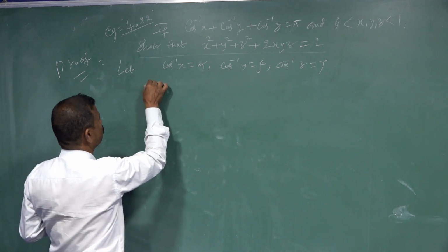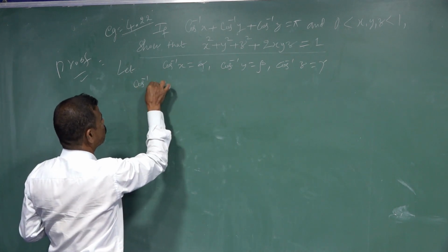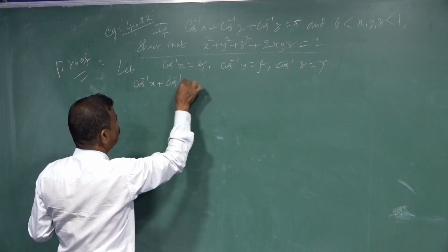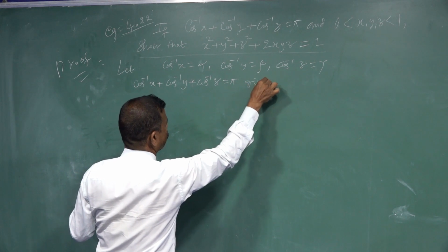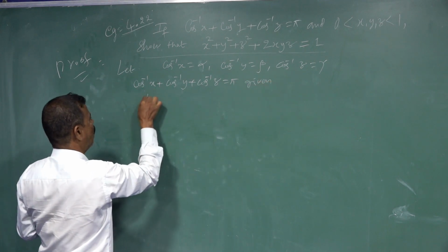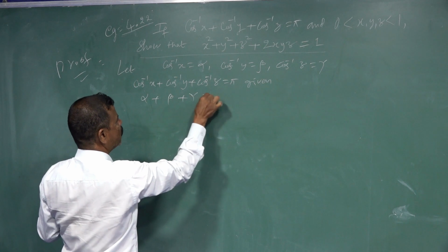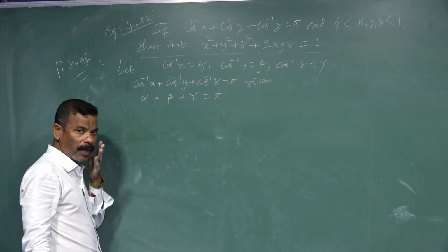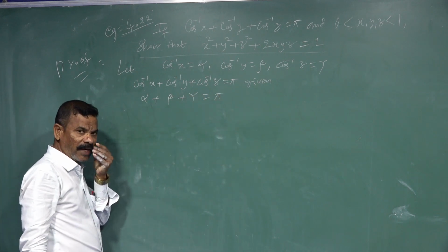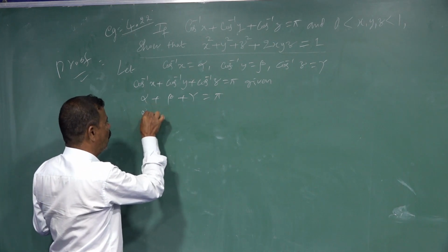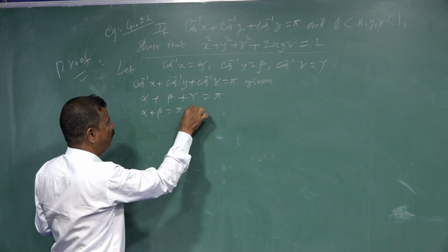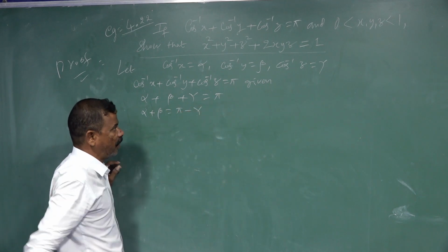Then cos inverse x plus cos inverse y plus cos inverse z is equal to pi, given. So this is alpha, this is beta, this is gamma, alpha plus beta plus gamma is equal to pi, 180 degrees. So here, alpha plus beta is equal to pi minus gamma. This gamma is sent to the right side.